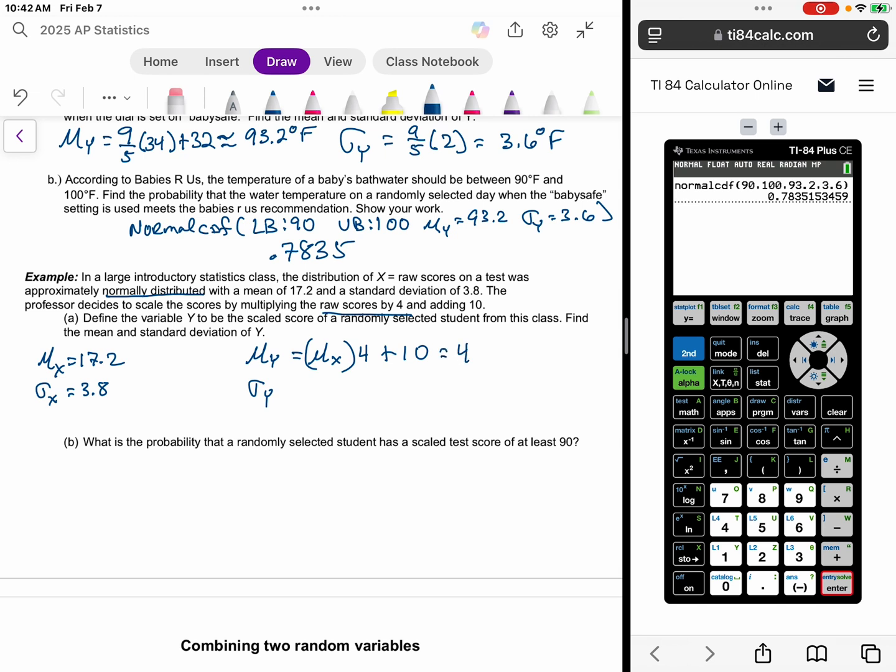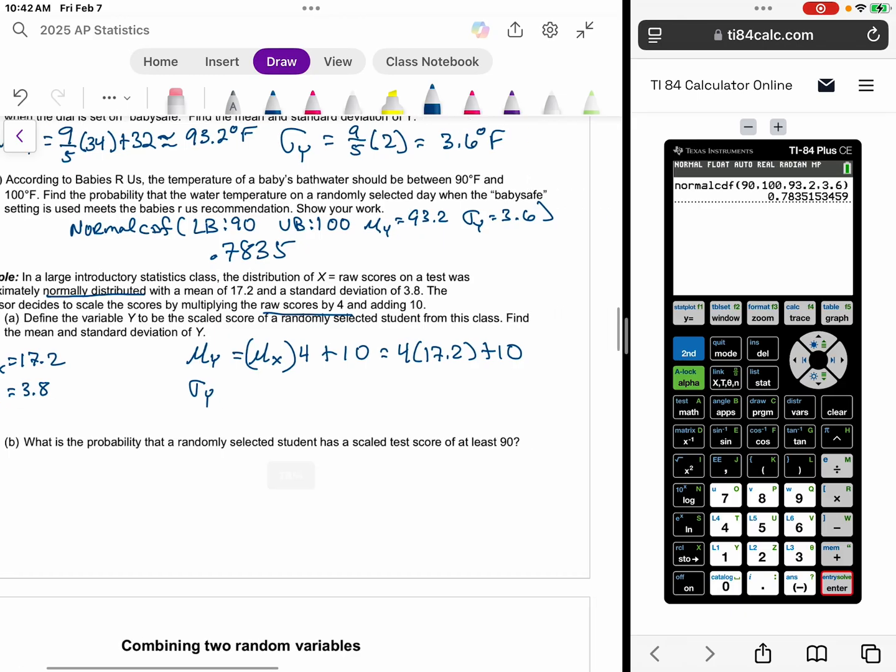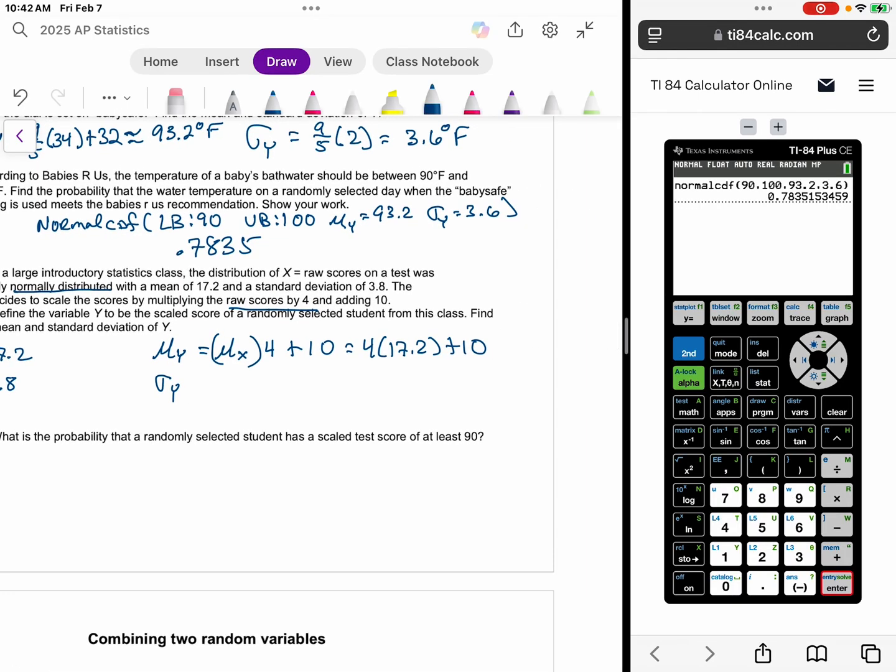So that means I can go 4 times 17.2 and then add 10. That should give me 78.8. And again, on a free response, that's the work we're showing. Show that our new random variable, the mean of it, is equal to the other mean times the 4 plus the 10. Real quickly show the math.